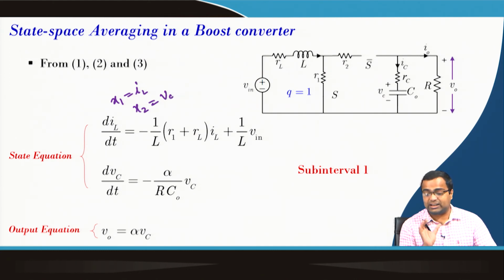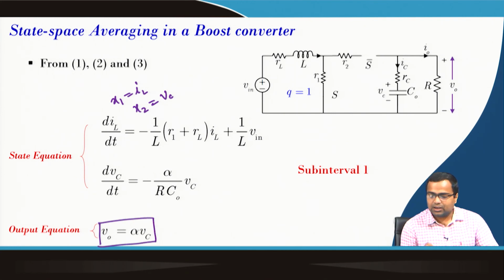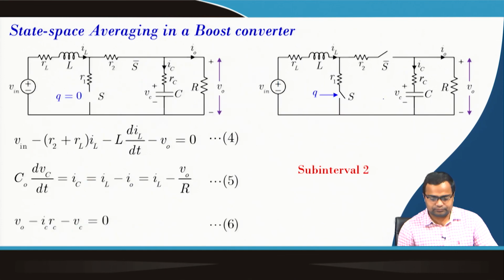This is for mode 1 equation, and here it is the output voltage equation. In this case, the output voltage is not connected to the inductor current, it is connected to the capacitor. Output voltage is connected to the capacitor and the capacitor is discharged by the load current.